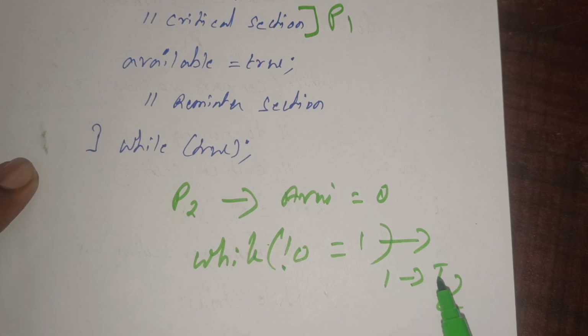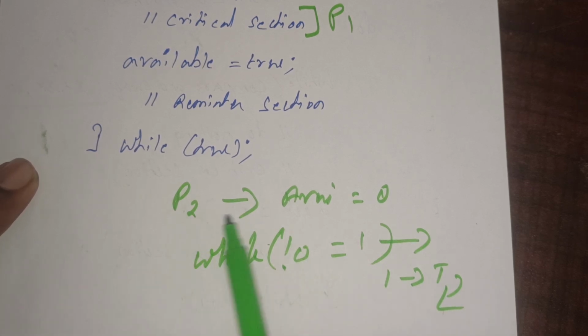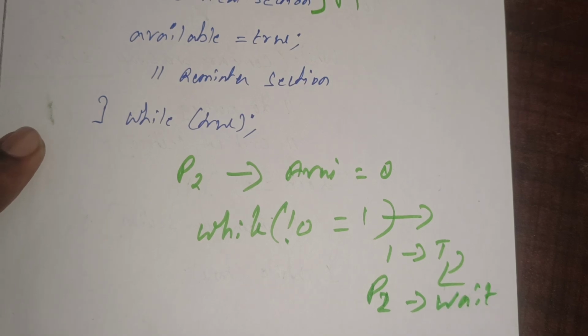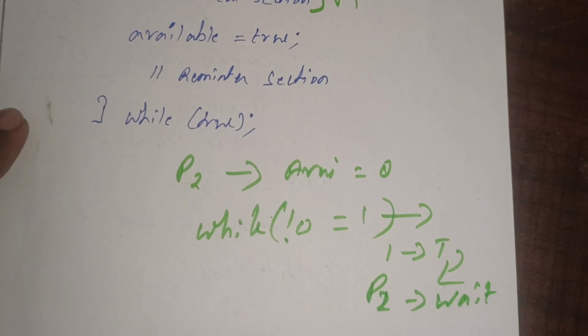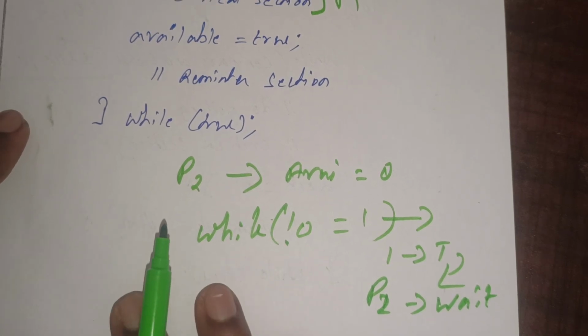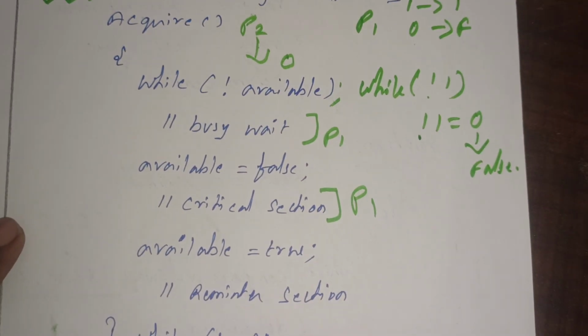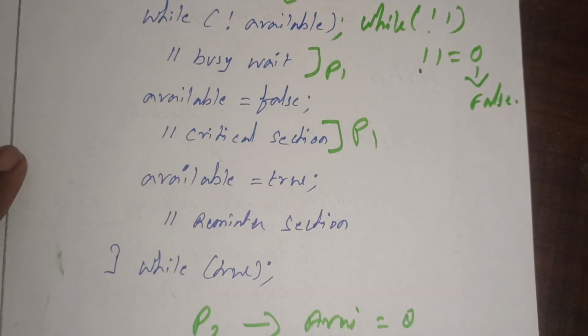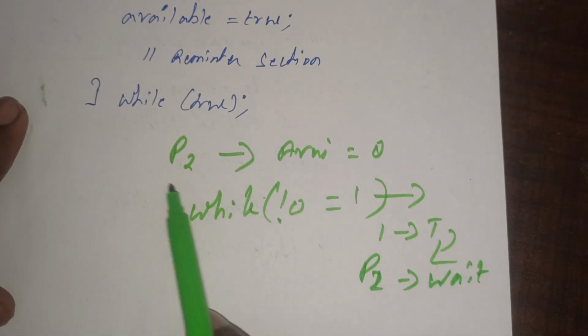So P2 checks that available is equal to 0, not of 0 is equal to 1. It is true. It makes P2 wait. Do you understand? So P1 has made this available 0. You can check it over here. See here, once I am getting inside, I am making this available 0. So this process makes P2 wait.